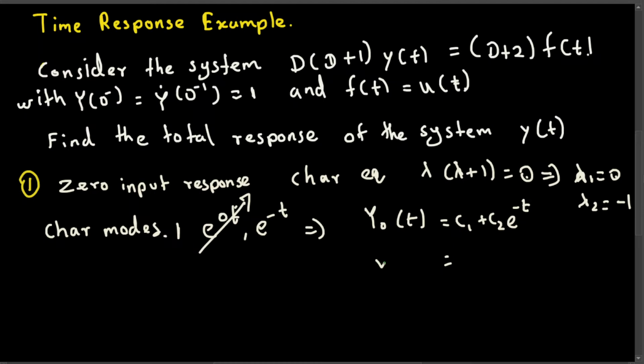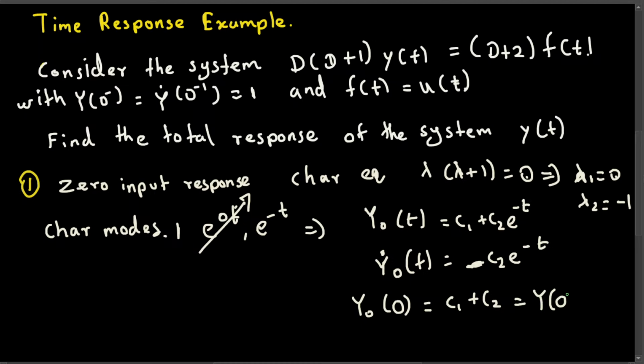If we take the derivative, we get negative c2 e^(-t). The initial condition y0(0) is equal to c1 plus c2, which equals the previous condition y0(0-) = 1.